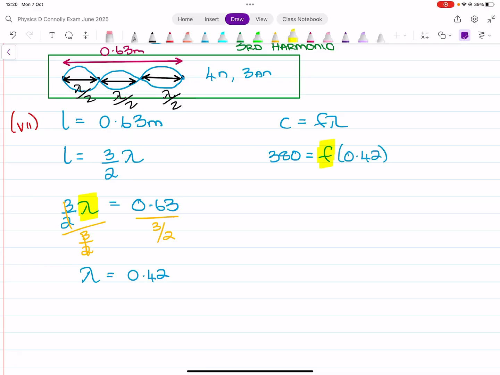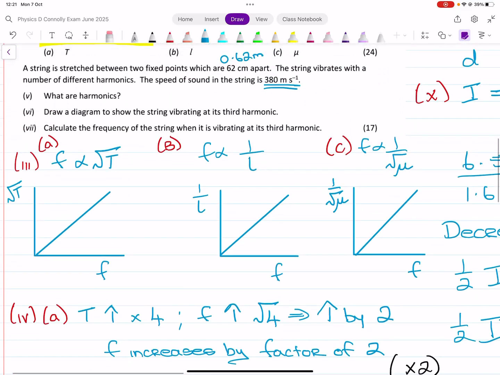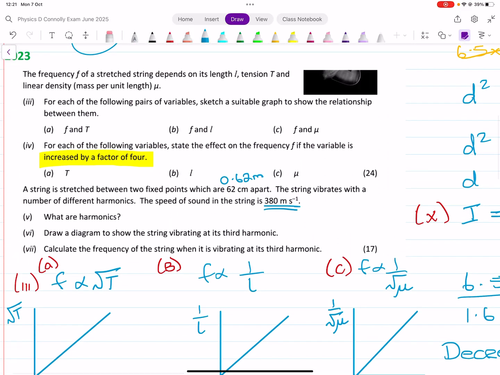We divide by 0.42 on both sides. So 380 divided by 0.42 is 904.76 hertz. Is the frequency. Let me just check that. And that is right.